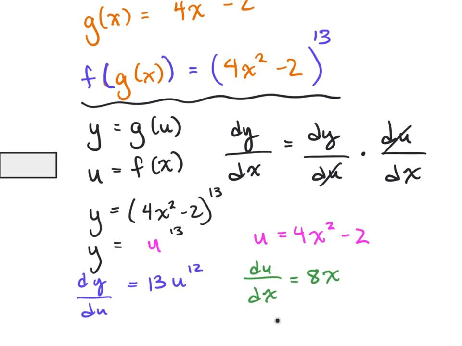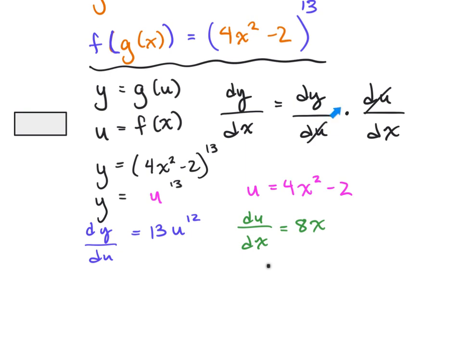And then if we're just following our formula, all we need to do is multiply these two things together. Here's dy du, du dx. So we're going to say 13u to the 12th times 8x.